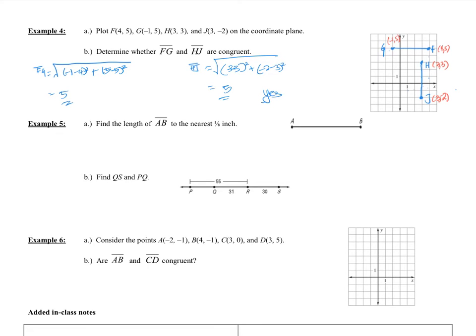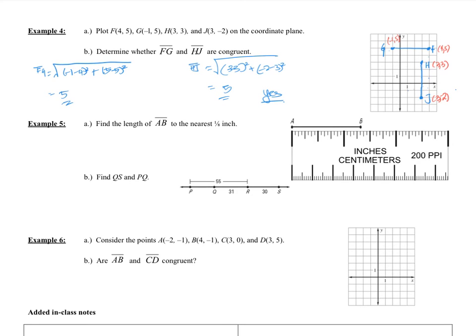So yes. Example 5. Find the length of segment AB to the nearest 1/8 of an inch. So here I put out a ruler for you, and we're going to use the ruler postulate and measure this segment.